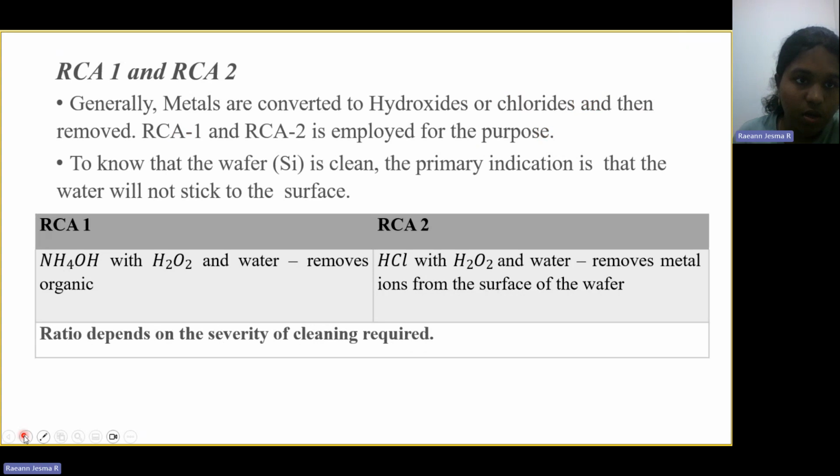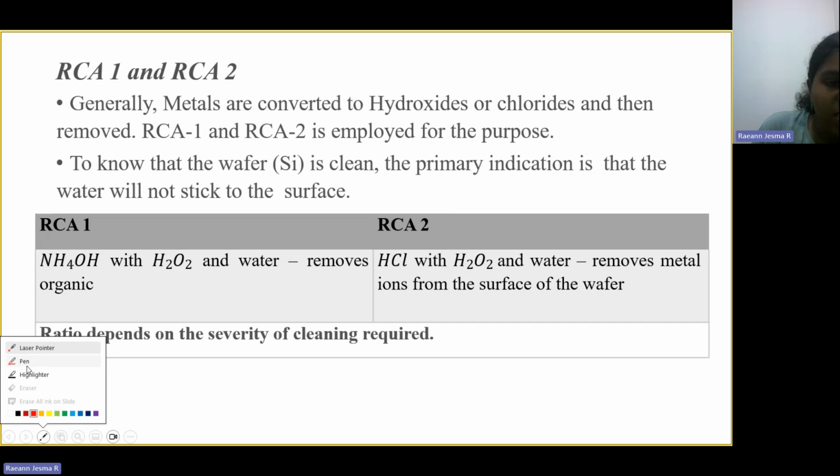Now, let us move on to another type of cleaning called RCA1 and RCA2 cleaning. Here we have two types of cleaning. RCA1 is generally used to remove organic contamination. RCA2 is used to remove inorganic contamination.